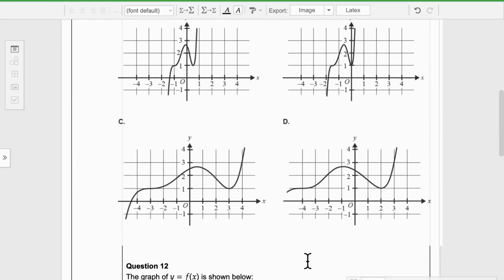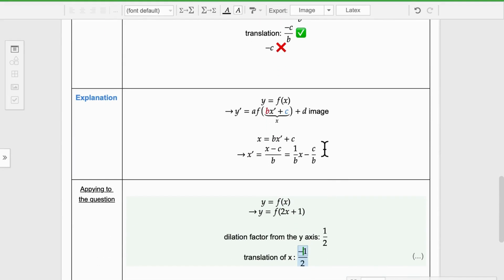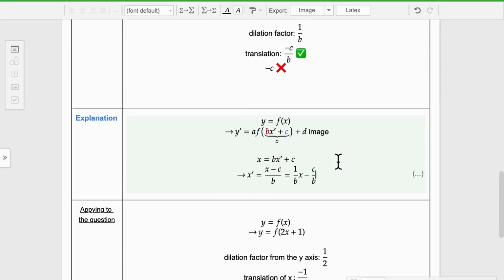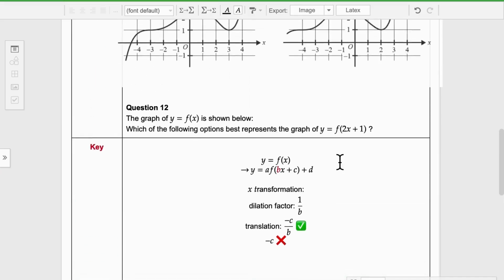When we look at the answer, also notice that under this transformation, x dash equal to 1 over b times x, minus c on b, it is also key that we do dilation first and then translation.